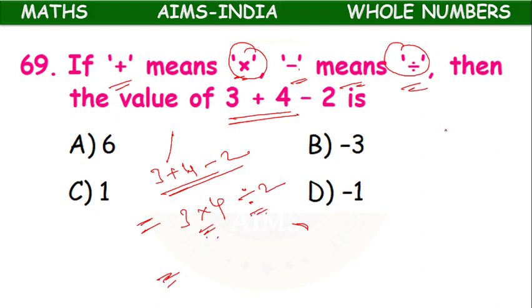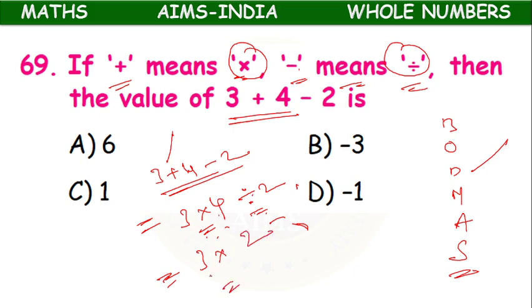Which one do we have to do first? According to the BODMAS rule, bracket, of, division, multiplication, addition, subtraction. So division is to be done first. 3 into 4 divided by 2 is 2, 3 twos are 6. 6 is the correct answer. A option is the correct answer.